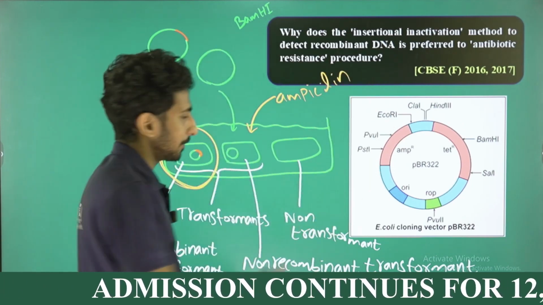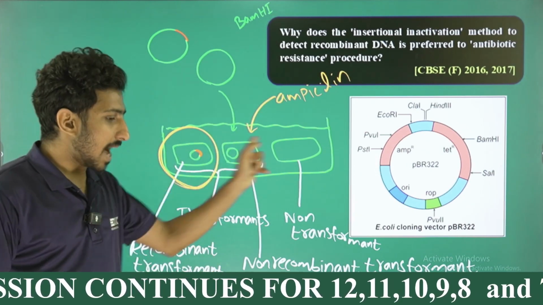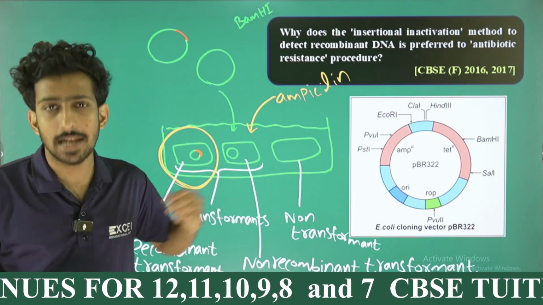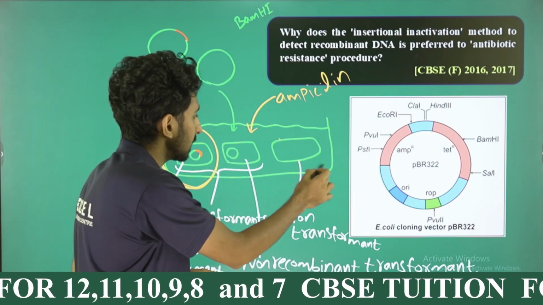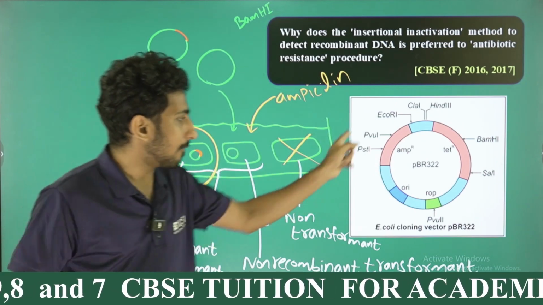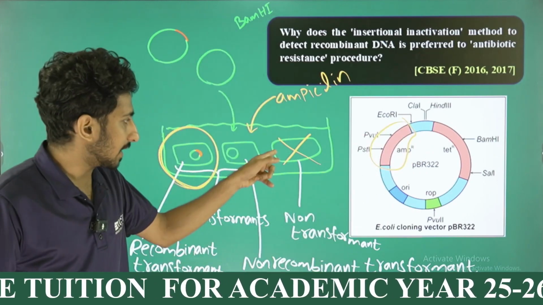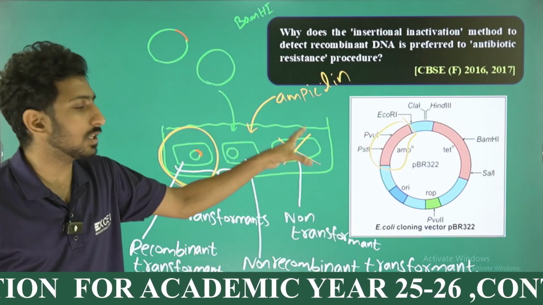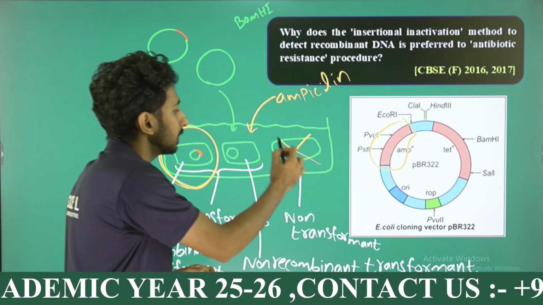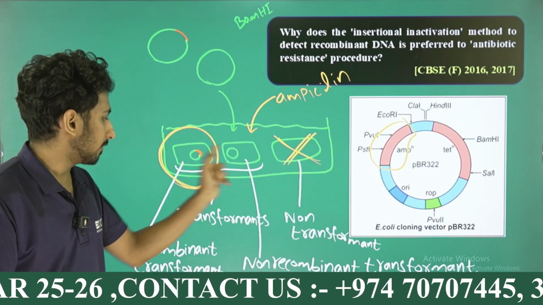When ampicillin is added, the bacteria which do not have the ampicillin resistance gene will die. This non-transformant will die because it does not have the plasmid, while the two remaining bacteria have the plasmid with the ampicillin resistance gene. So this one will die, and the others will be selected.